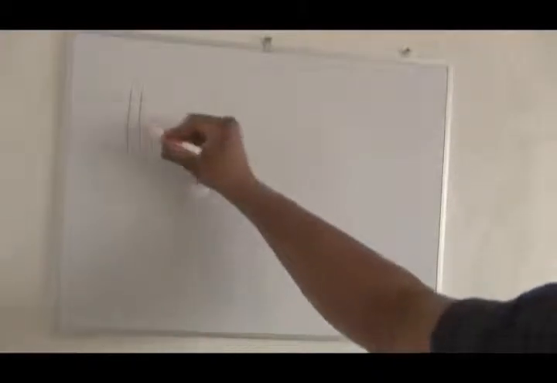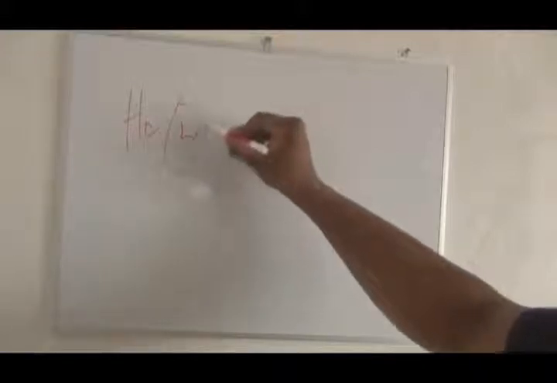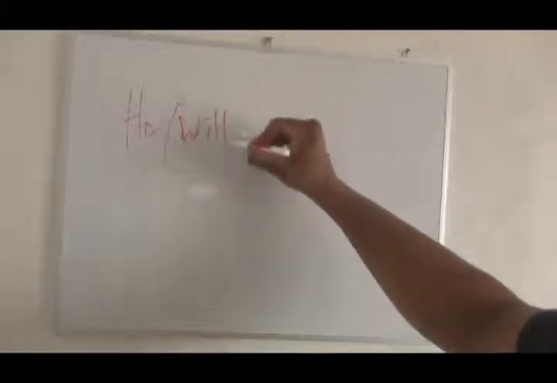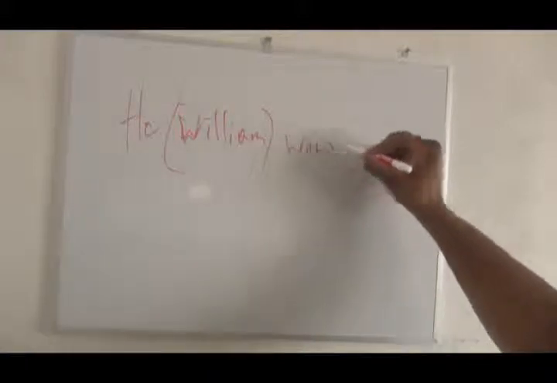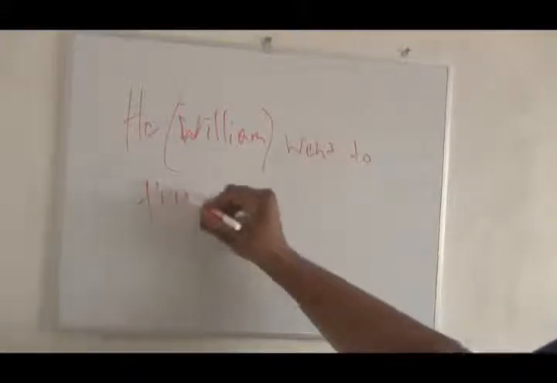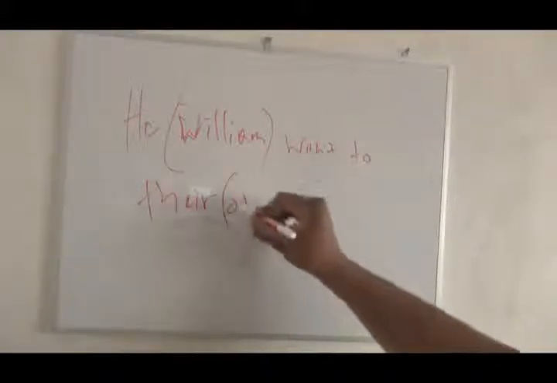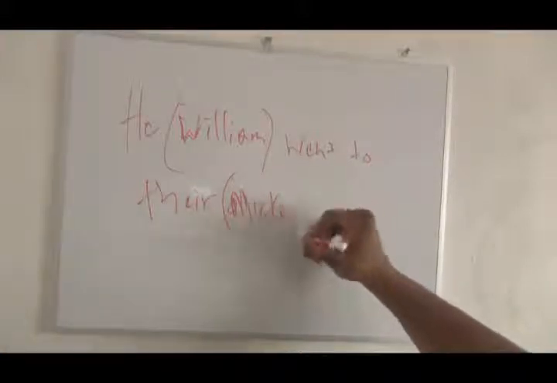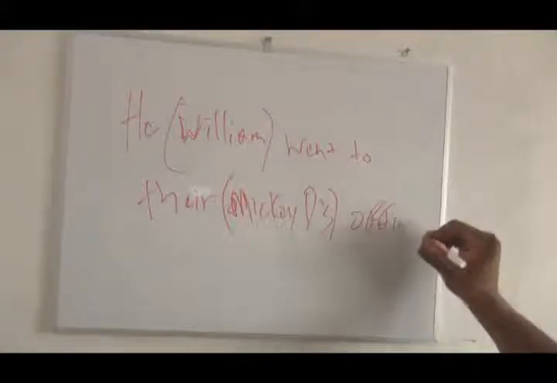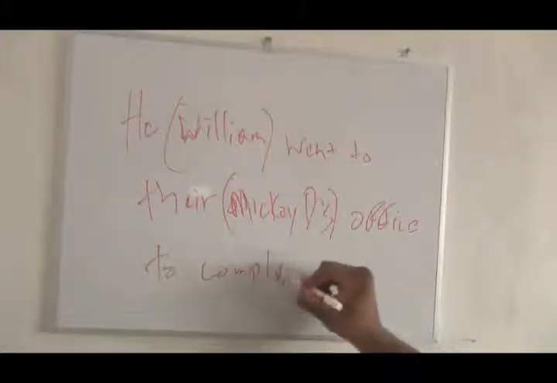Like, he (comma, let's say his name is William). He, William, went to their (I'll just put Mickey D's) office to complain.